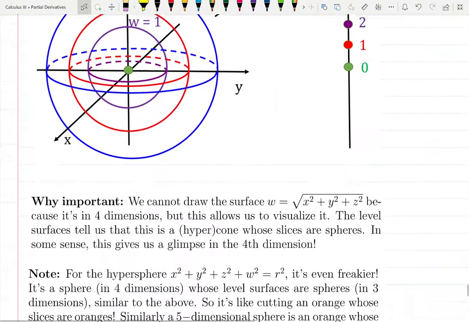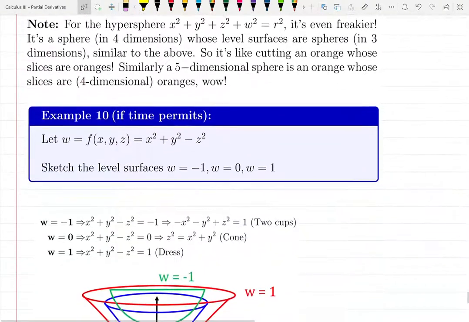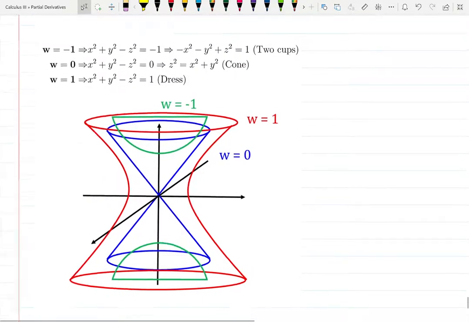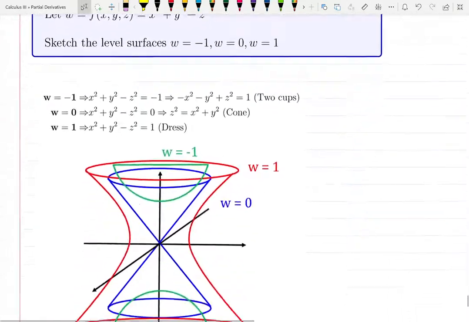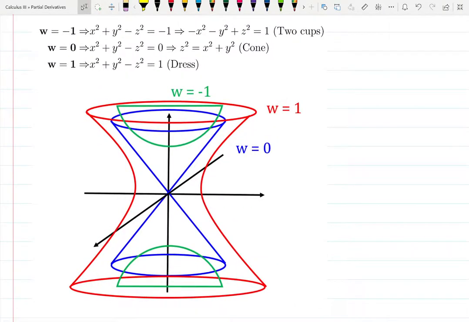That is why we don't plot 4 or 5 dimensions, but we can imagine how they look. For example, in this case, we have 2 cups, a cone, and a dress at the same time, and that is our projection in 3D of the same shape from 4D.